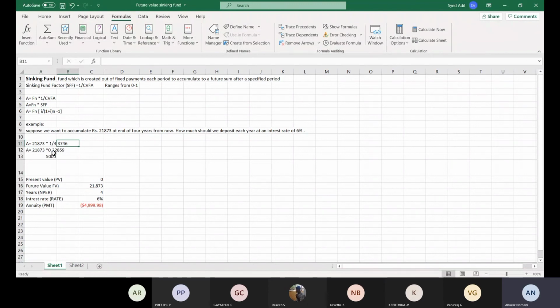The compound value factor is 4.3746, and if we take the reciprocal, we get 0.22859, which is within the range 0 to 1 for the sinking fund factor. So it is correct, and if we multiply it, we will get 5,000.